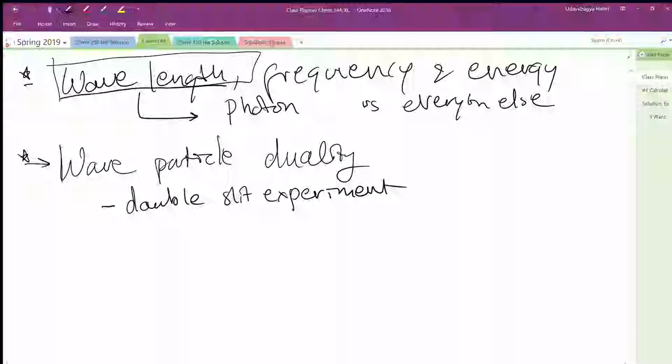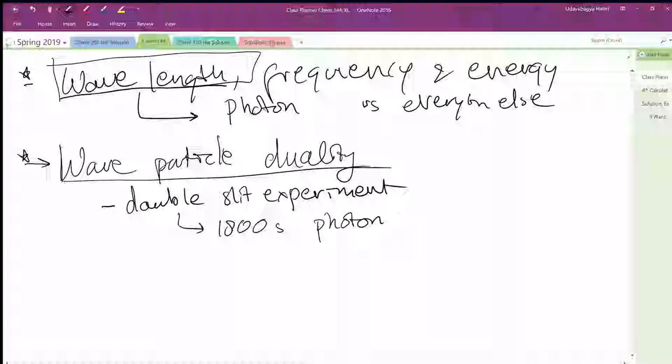And then we went into wave particle duality, and specifically talked about the double slit experiment. The conclusion from this particular experiment, at least in the 1800s edition of the experiment, is that a photon is a wave. And of course, the thing about science is that everything gets updated.